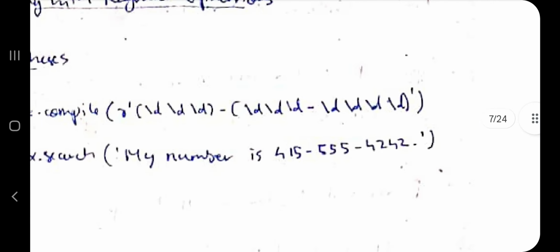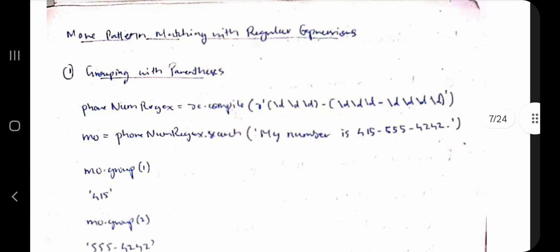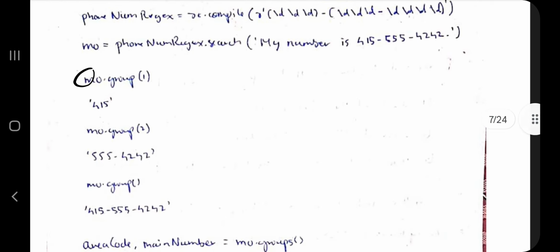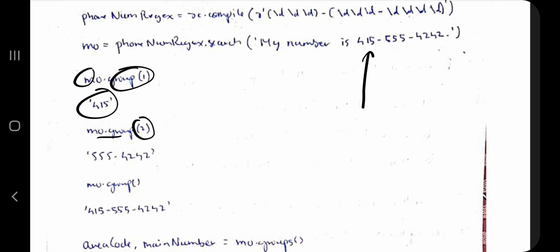To represent a group, you add parentheses, and based on where you have added them, the text will fall into the first or second group. If you output mo.group(1), 415 will be printed. If I output group 2, the next group will be printed. If I output just group, the whole thing will be printed, like 415-555-4242.